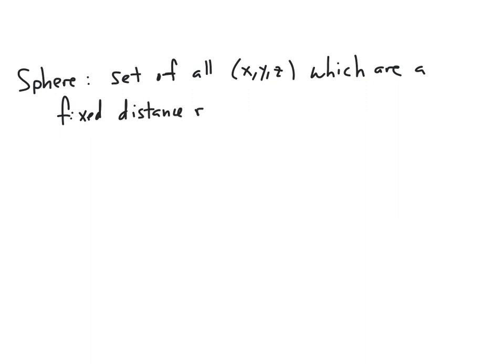That fixed distance we're going to call r, which obviously stands for the radius of the sphere. So it's a set of all these points which are a fixed distance r from a fixed point, which is the center of the sphere.